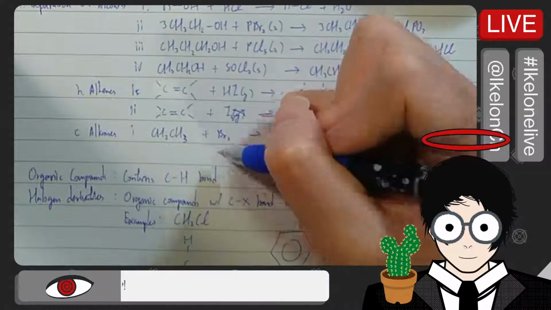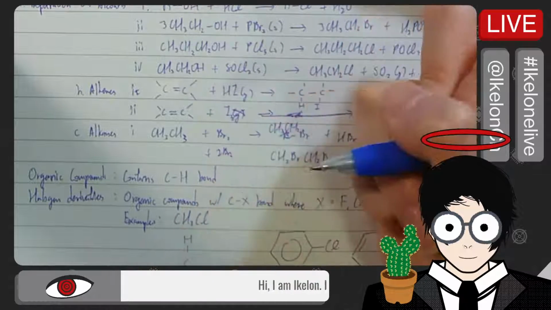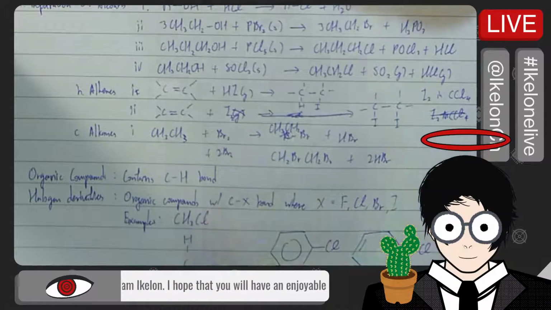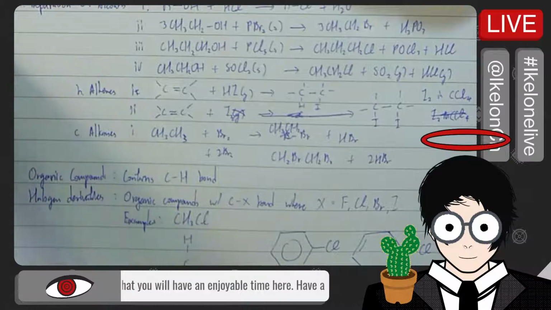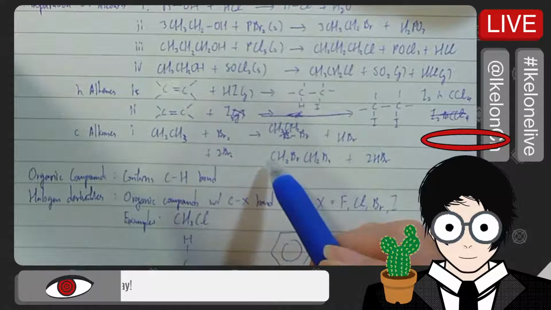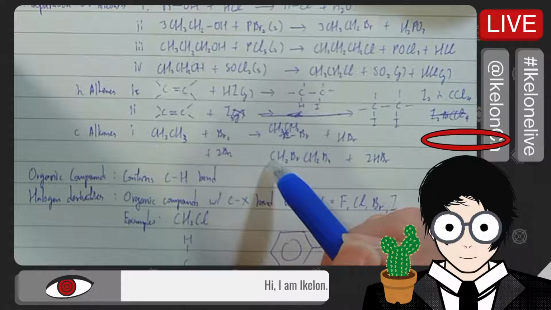But then it would need 2Br2. But the thing is, with free radical substitution the products are relatively unpredictable, so we avoid using alkanes to make halogen derivatives. So that's all for the preparation.